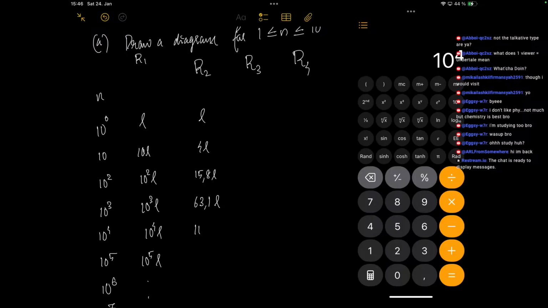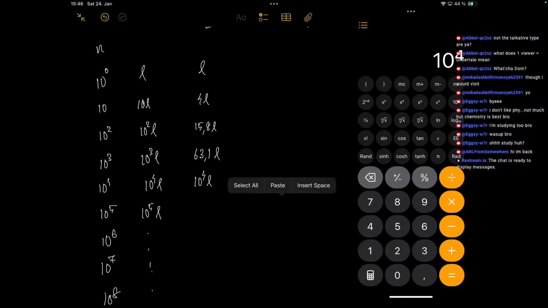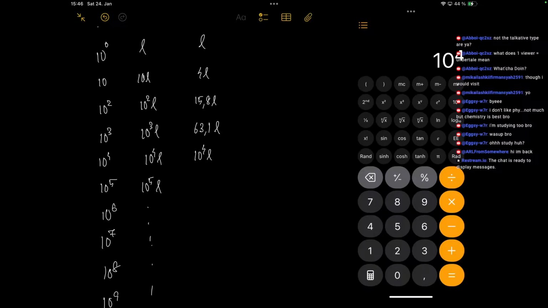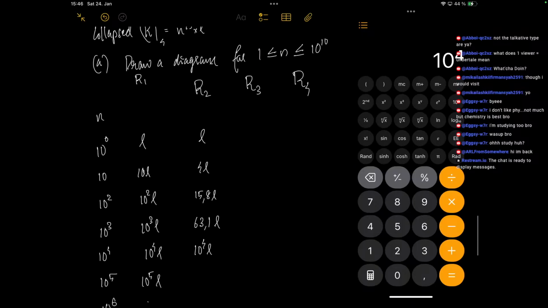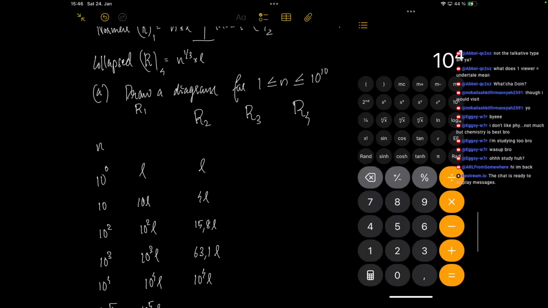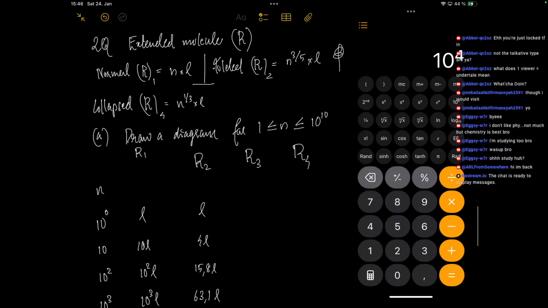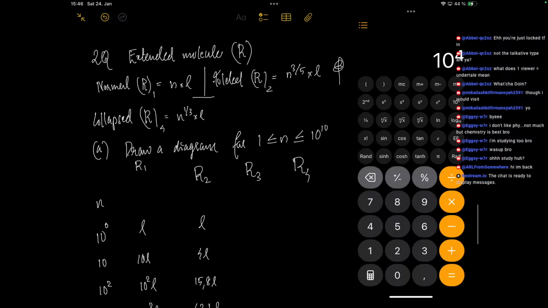So that's an exponential growth up there. How is that possible? What? 10 raised to 4.